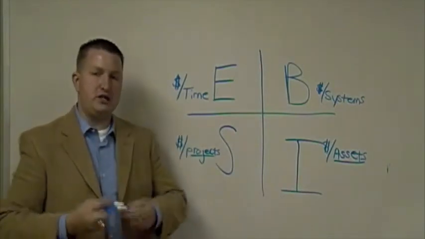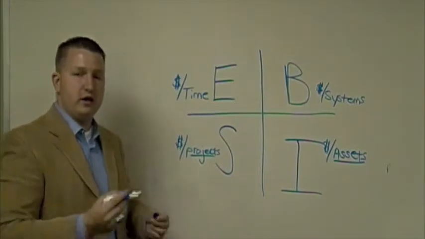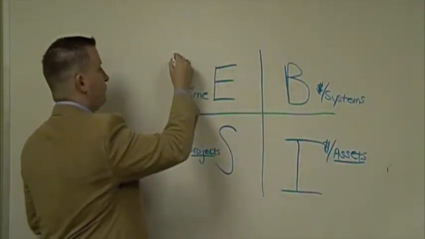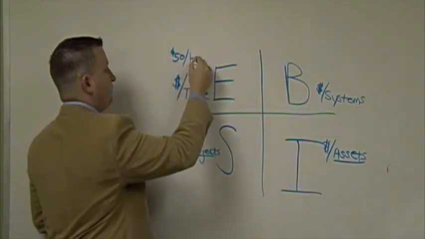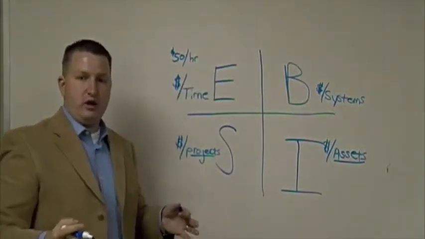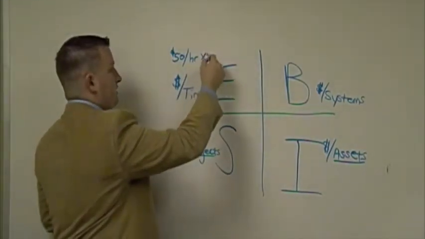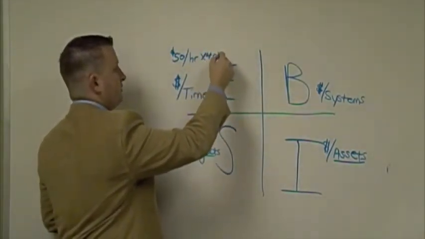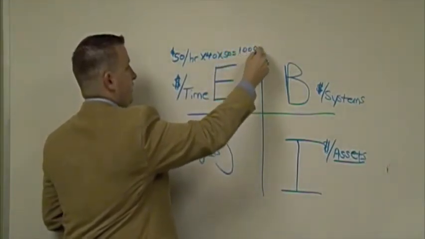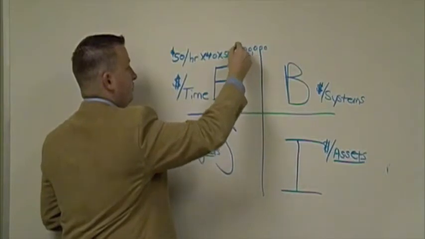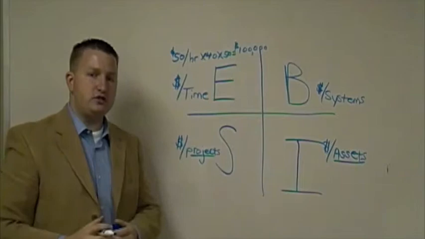Let's say that we're just getting out of college and we're a college student trying to make some money. Let's say that somebody offered us $50 per hour. That would be a great job, right? Well, $50 an hour times 40 hours a week times 50 weeks a year would mean that we are making approximately $100,000 each year. And I would say that most people right now would just love to make $100,000 a year if they're just getting out of school.